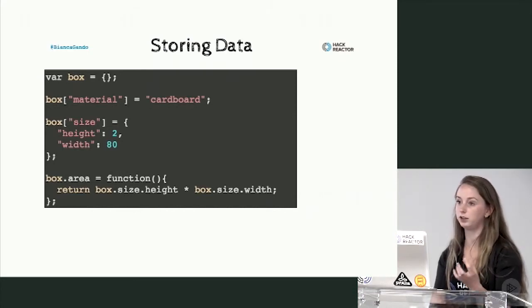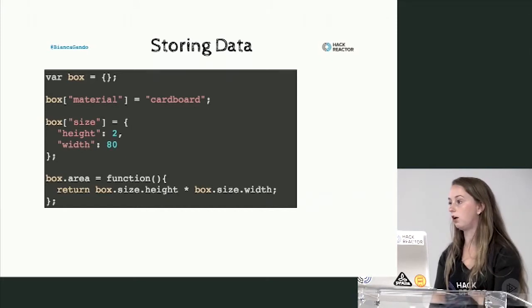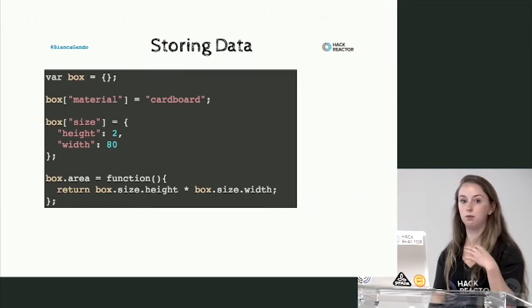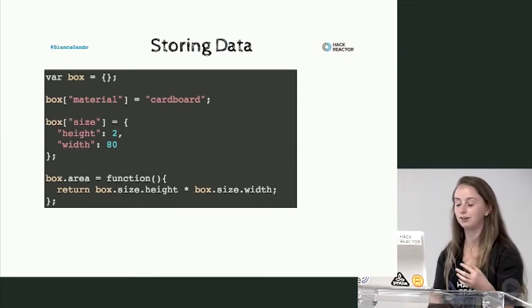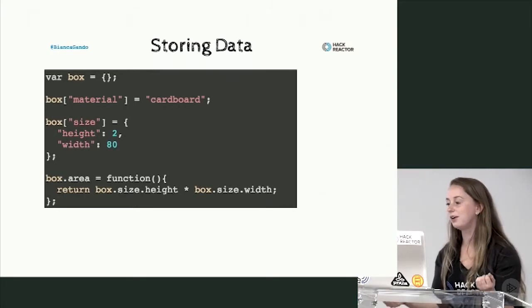And when we store a function as a property on an object, we call that a method. So if you hear the term method and function thrown around, just know that they're pretty much the same thing, except that a method is a property on an object that's a function. That's the only difference. But if you really think about it, in the browser, everything's attached to the window object, so you could say that everything's a method, but maybe I'm taking that too far.